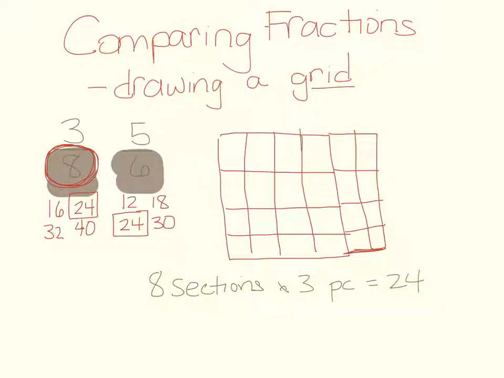So I'm actually going to split my box straight down the middle. That's 3 pieces on each side, 1, 2, 3, 1, 2, 3, and then I'm going to split it right down horizontally. Okay, so now I have 8 sections of 3 pieces each.